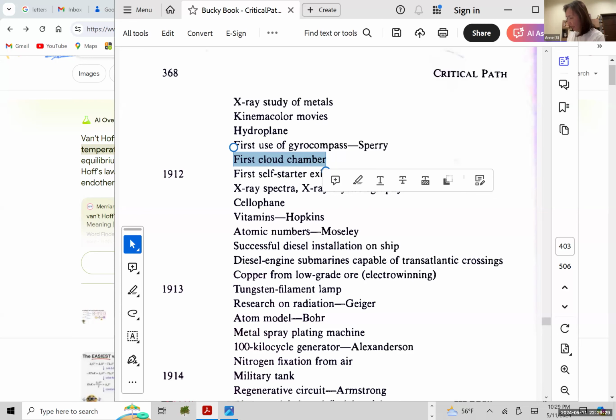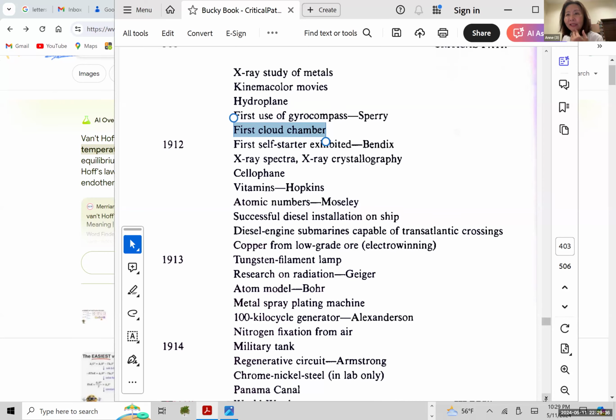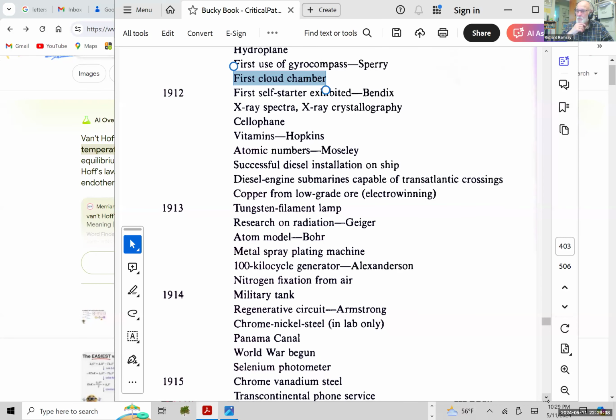Sorry, 2011, they only had two things: the starter motor and the knapsack parachute. Then we can add into what is already on that list. 1912, they had X-ray crystallography, cloud chamber, ecstasy, rotavator. The conveyor belt came in 1913.